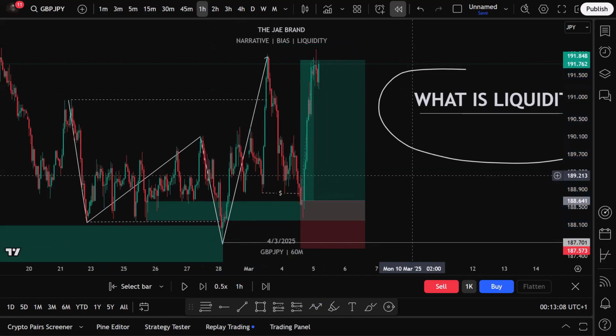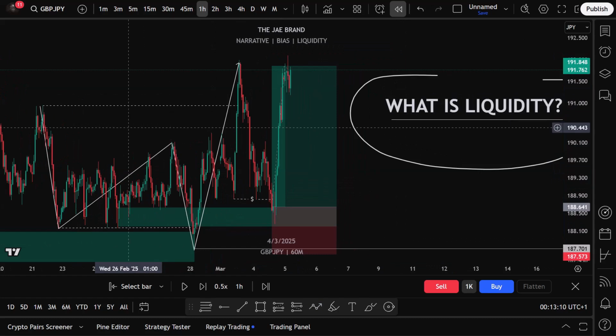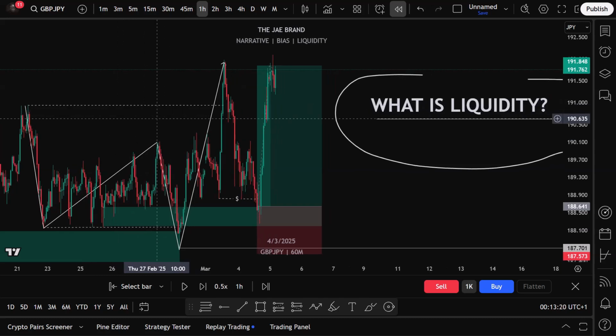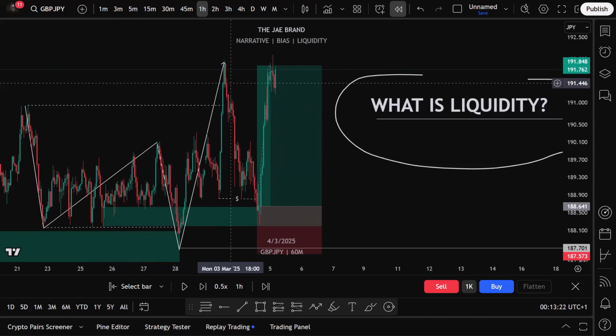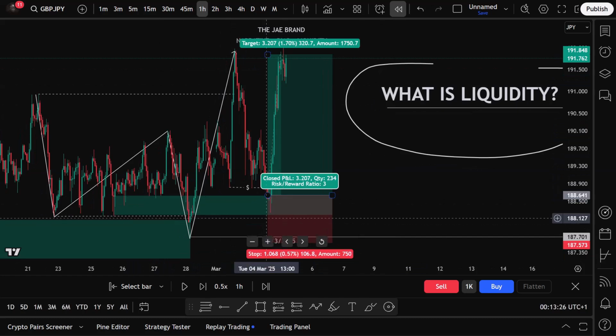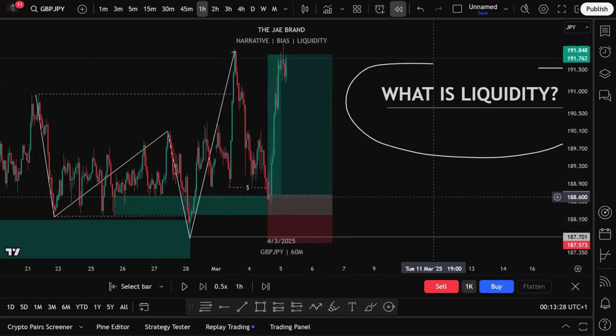And what did I say about transactional liquidity? This BOS, this break of structure to the upside, simply tells you that transactional liquidity has been taken, and therefore you have to expect price to correct itself back into the discount area of that swing structure.